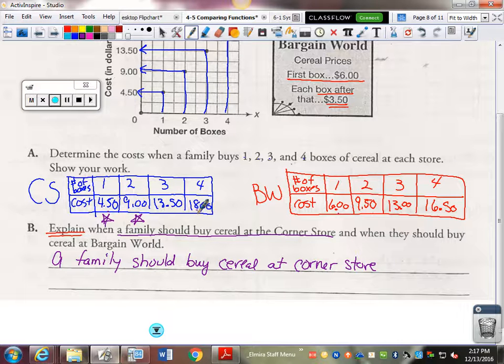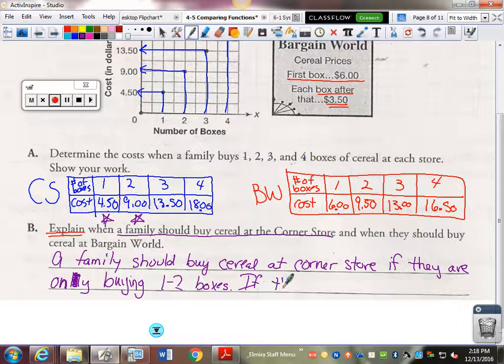So a family should buy cereal at Corner Store if they are only buying 1 to 2 boxes.